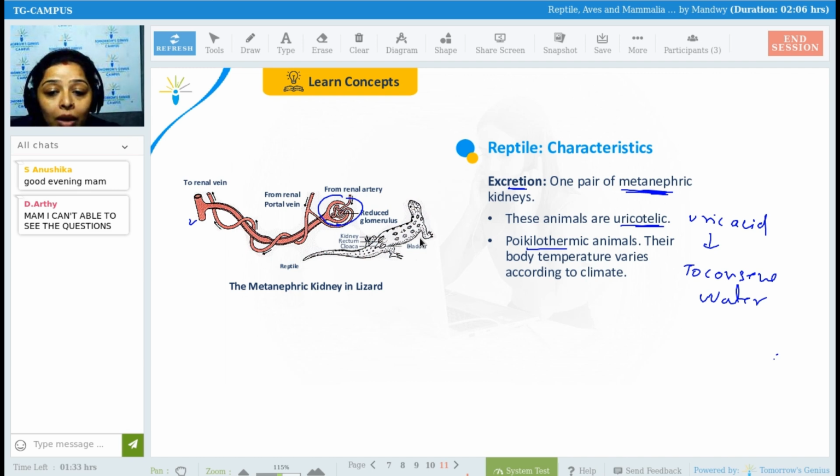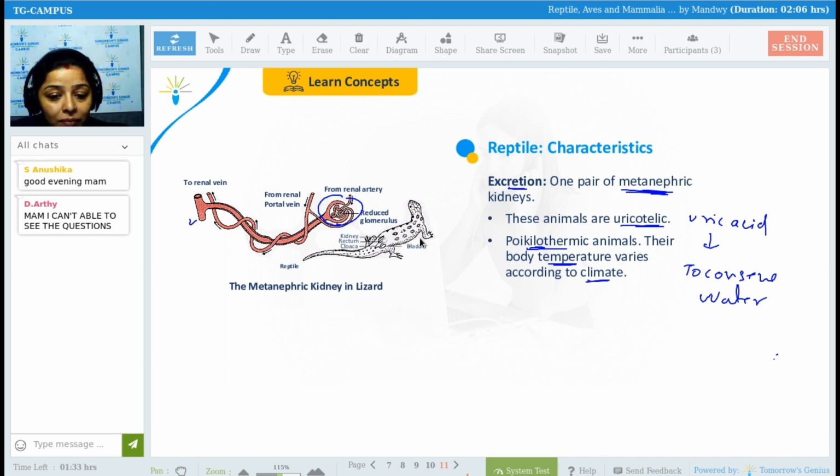But they can maintain their body temperature according to their external environment. Though they are poikilothermic, they can maintain their internal body temperature as per the climatic condition. Okay?